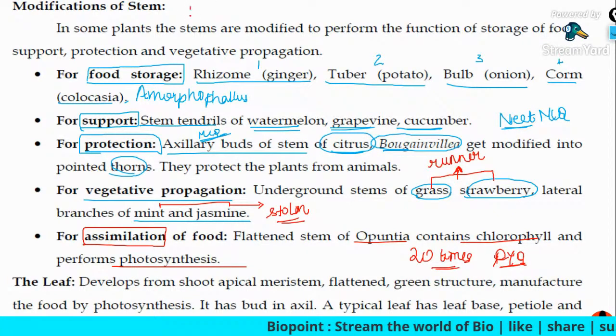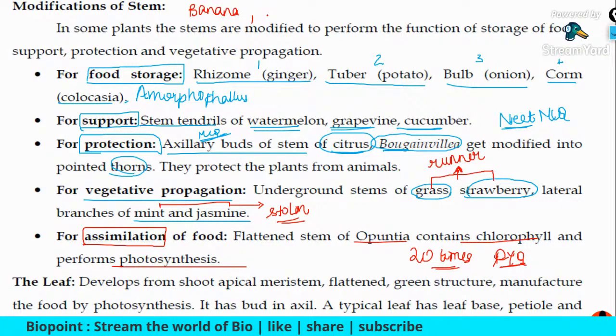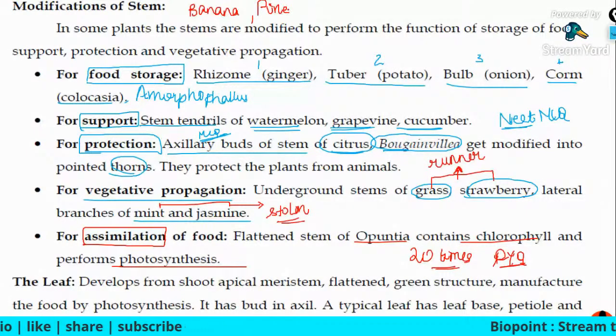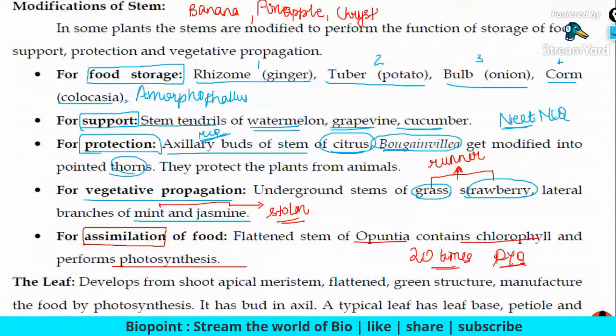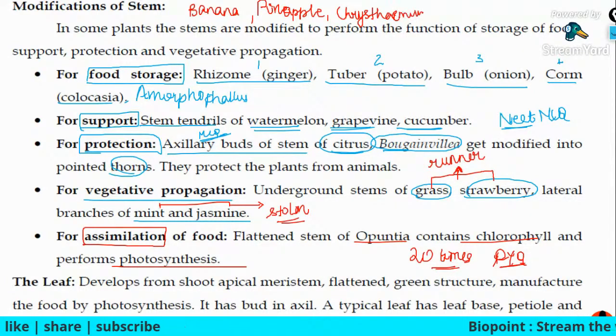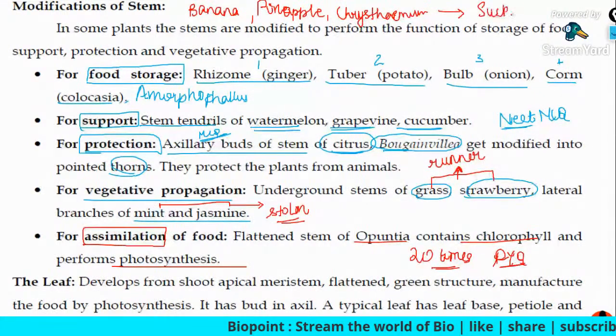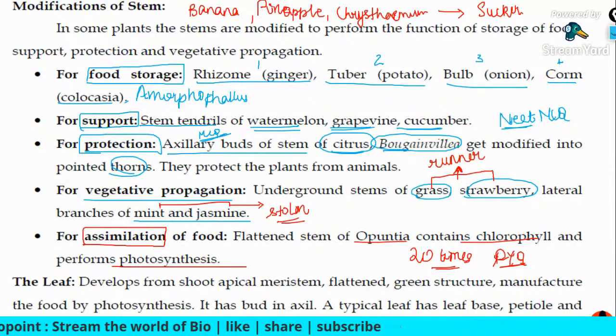Banana, pineapple and chrysanthemum are associated with chapter 1 of your class 12, Reproduction in Organisms, when you study the asexual reproductive structures. Pineapple and chrysanthemum, you would have sucker formation. So that's all about the stem.